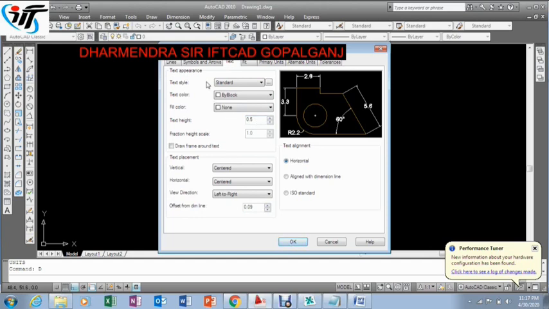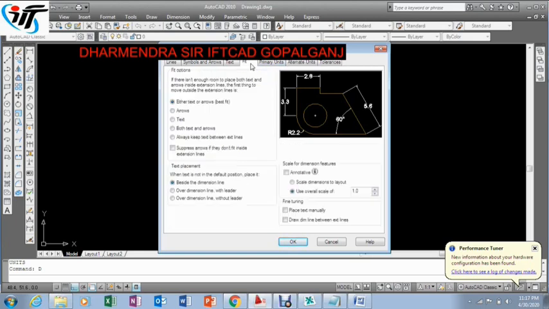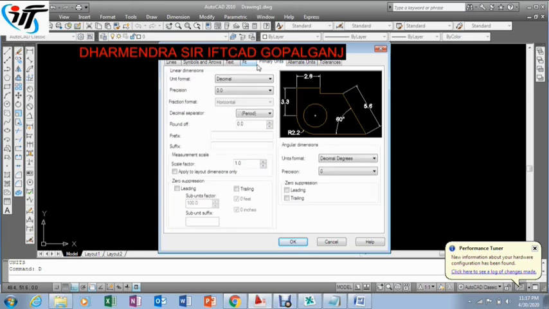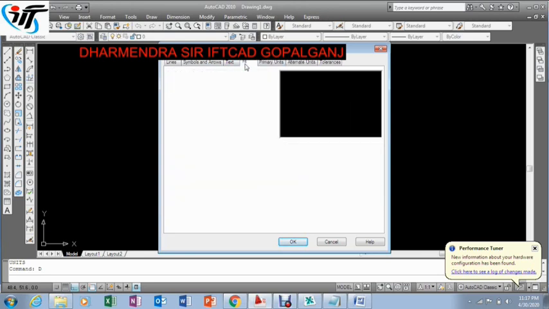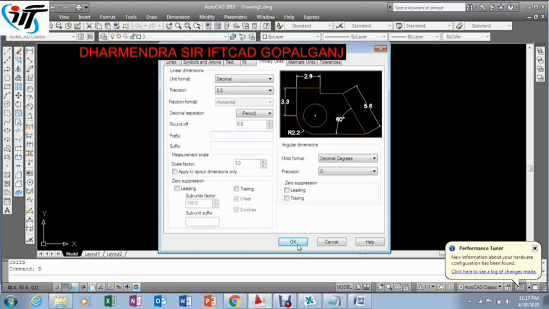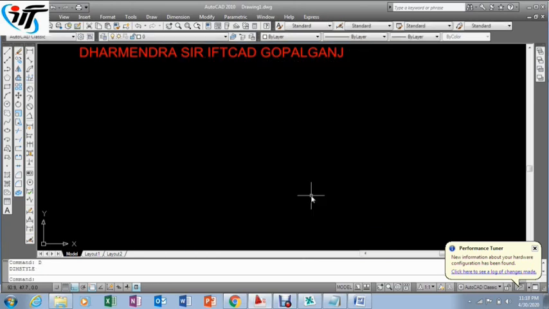The rest is okay. We may discuss lines, symbols, arrows, text, etc. after this lesson or in a coming lesson. For the time being it's okay. Set current, then close.